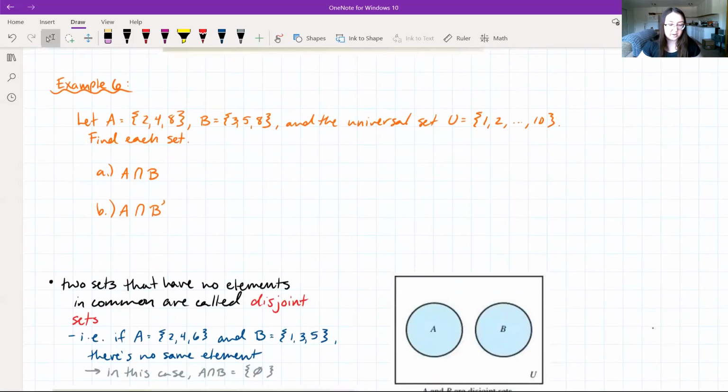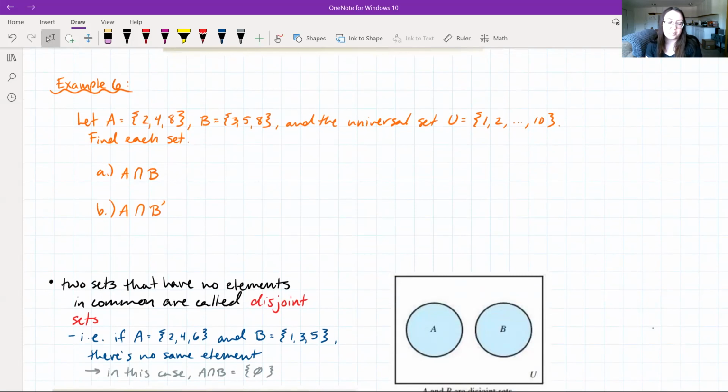For example 6 here, we're going to let A equal the set of 2, 4, and 8, and B be the set of 3, 5, and 8. And we're going to let the universal set be all the numbers between 1 and 10. So 1, 2, 3, 4, 5, 6, 7, 8, 9, 10. And then we're going to find each set.